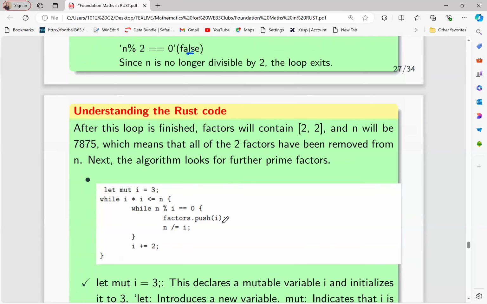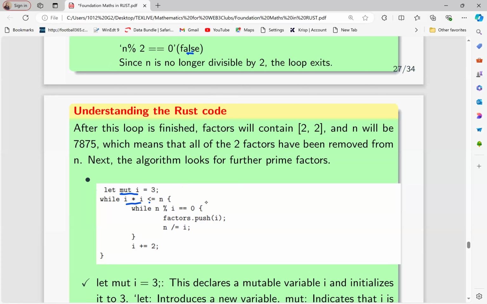The next step is where we have let mut i be 3. Mut means this i will be changing also, mutable. The i will be changing. Now, the first condition, once you reach here, is to check if i times i is less than or equal to n.